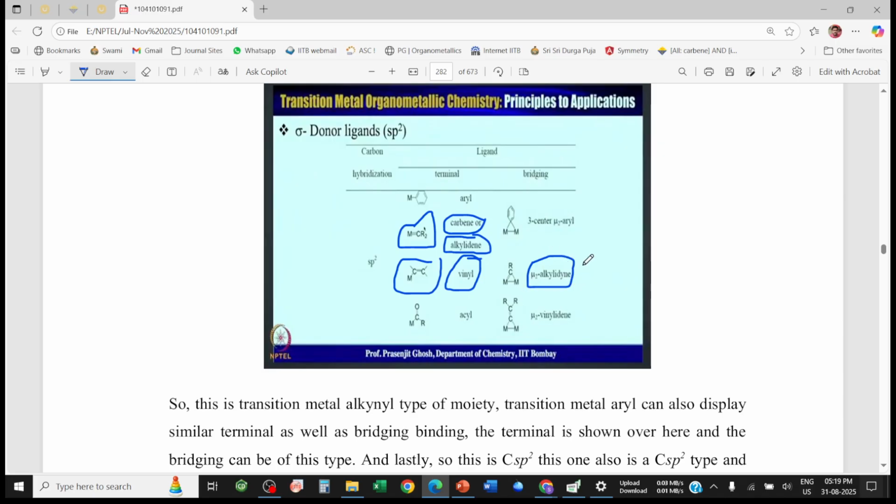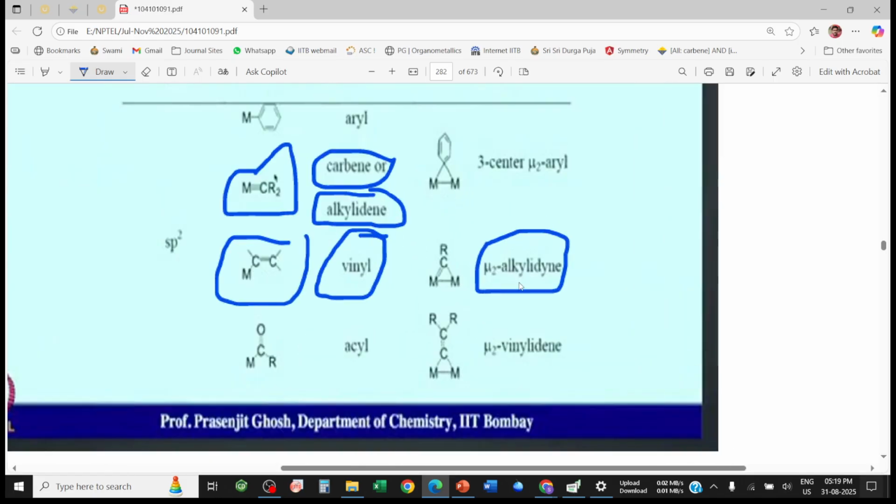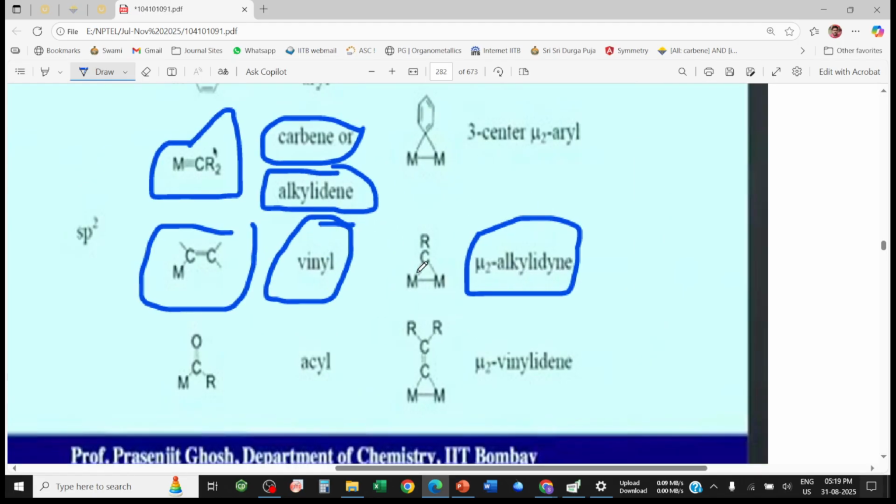That means a total of three bonds is attached to the carbon atom. The metal can be different. Here one metal, 2, and one metal is 1. So this is 2 and this is 1. So that means it is a total of 3 bonds from the carbon atom to the metal. That's why it's called alkylidyne.